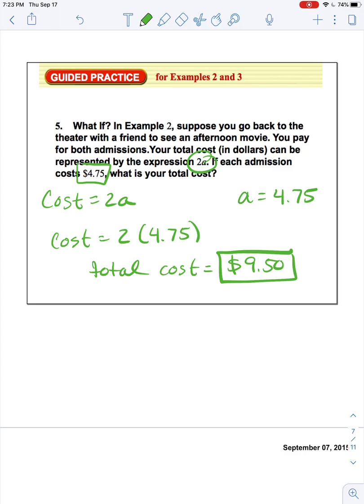Okay, so hopefully you paused and tried it on your own, and you're looking now. The cost it told me was 2A because I paid for both admissions. So I plugged my A value, 4.75, in, and then I just did the math to find my total cost.